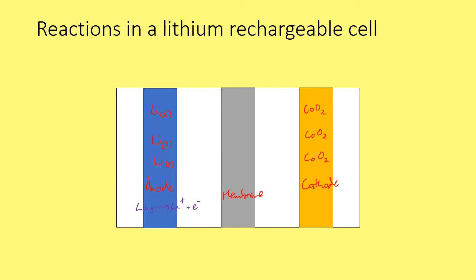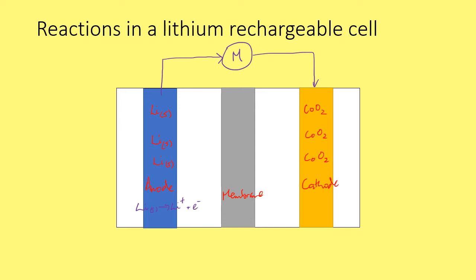Now the electron can't get through the membrane. The membrane only lets lithium ions through. So the electron has to come up here, do some work in some sort of appliance like a phone, and end up on the other electrode like so.